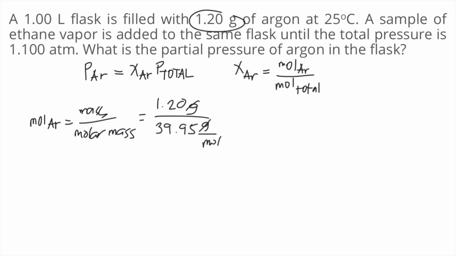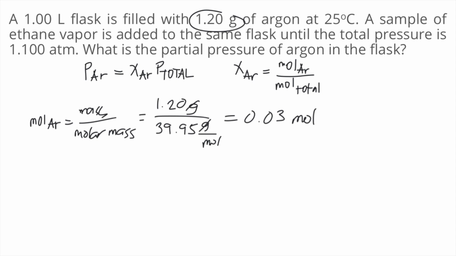So the grams would cancel out. So 1.20 divided by 39.95 is equal to approximately 0.03 moles of argon.